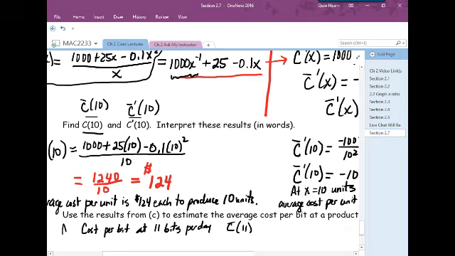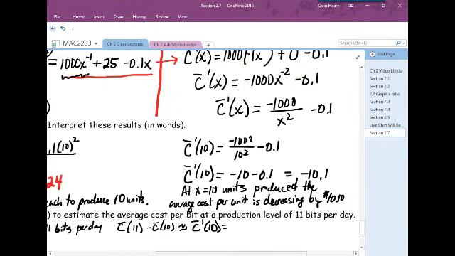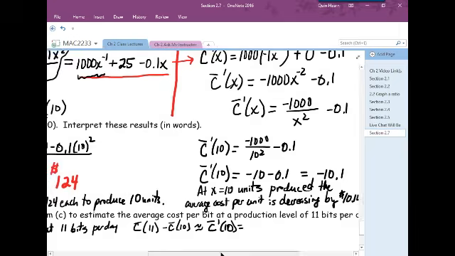I guess I should say the average cost per bit. C bar of 11 minus C bar of 10, but that is approximately C bar prime of 10, the cost of the 11th. So that would be $10 and, oh wait, hold on a sec.